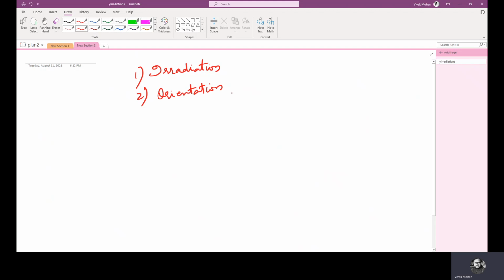This we have discussed, because if the panel is placed completely horizontally, then the irradiation received by the panel is different. If it is at a particular angle, then it is different. So the power production depends on the orientation of the panel also.